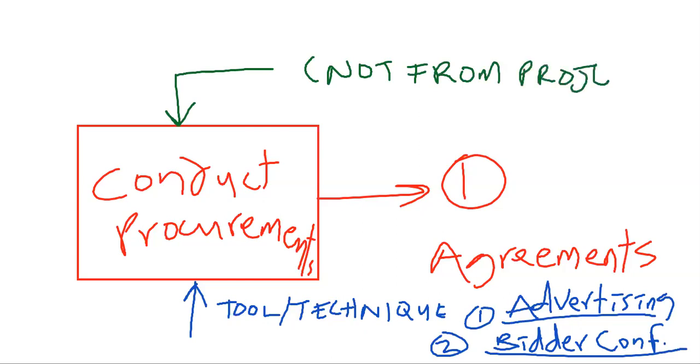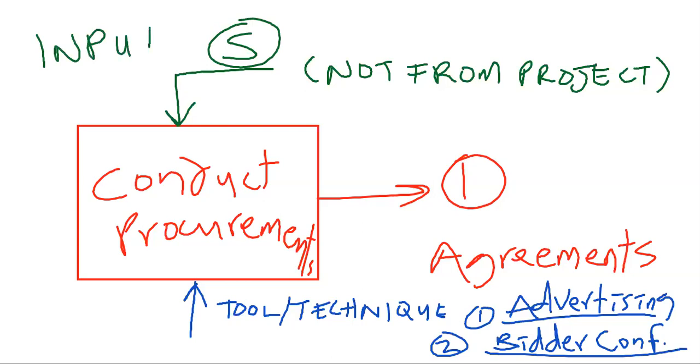This is not from inside the project, my friends. That is the only clue I'll give you, and to be fair, it starts with the letter S, and it's an input. Do you know which input this is?